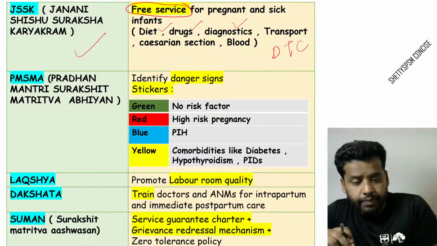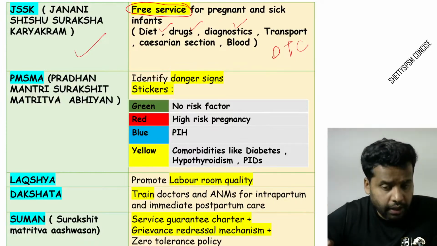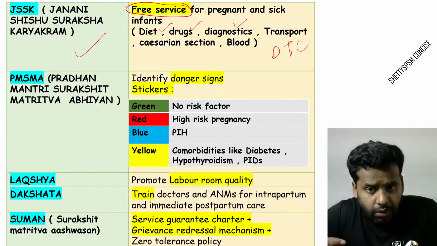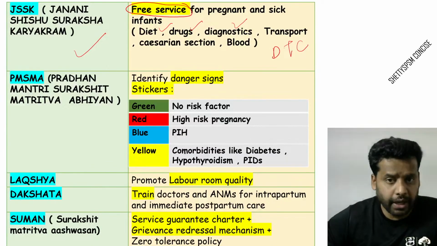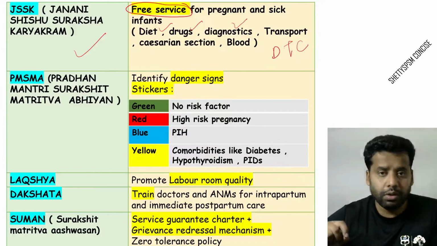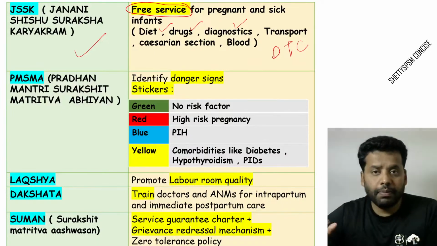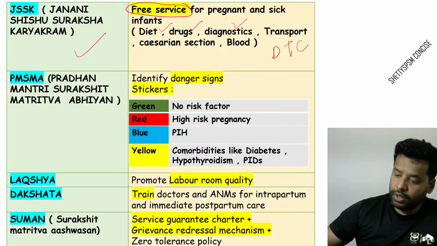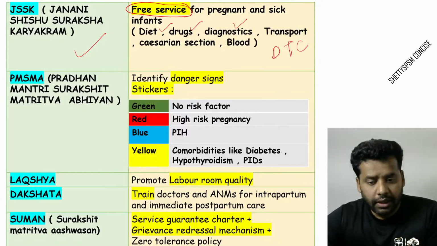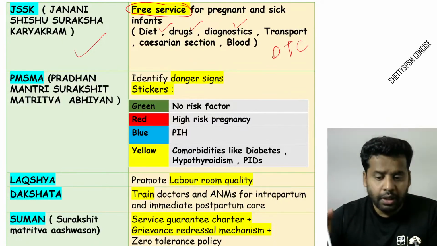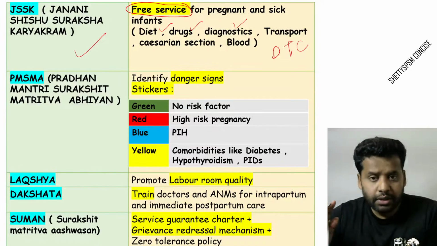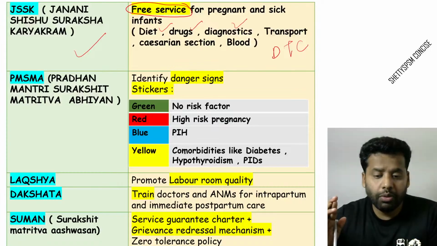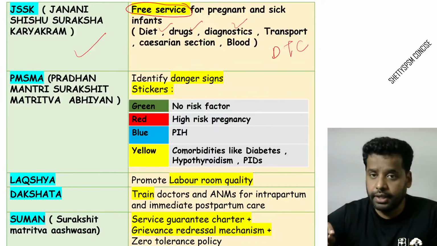D for diet, drugs and diagnostics. Transport facility, home to hospital, and drop back, or hospital to hospital. When we refer a pregnant woman or a sick infant from one hospital to another, the transport is free. Nothing is charged for caesarean section, and blood also.